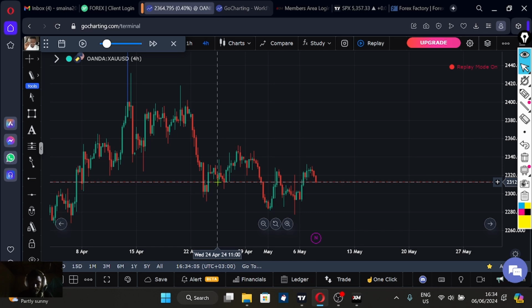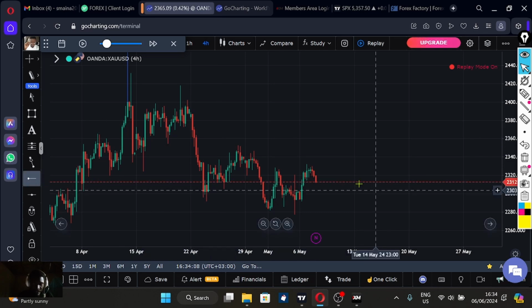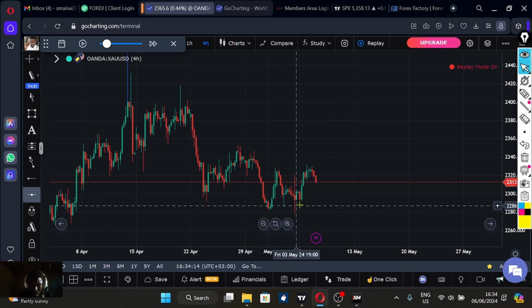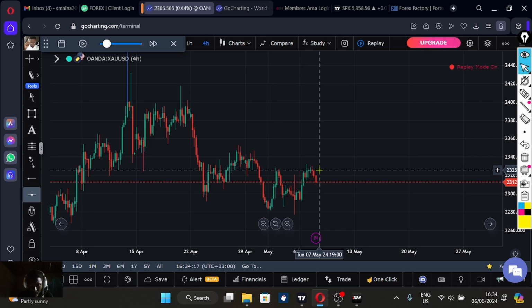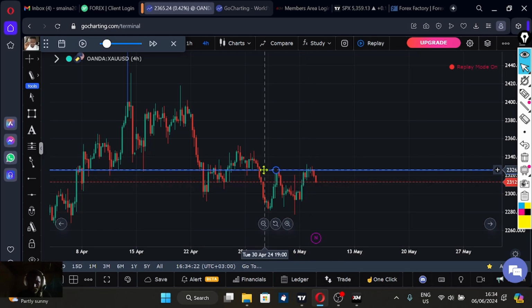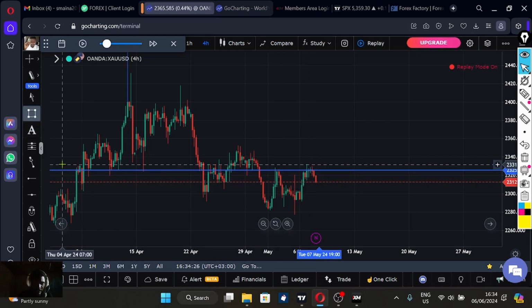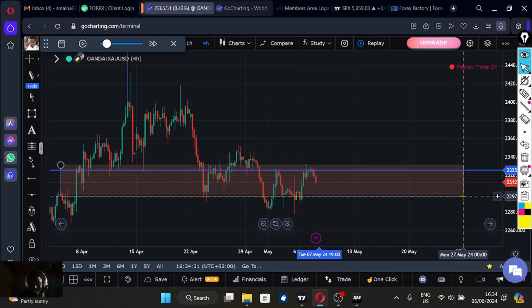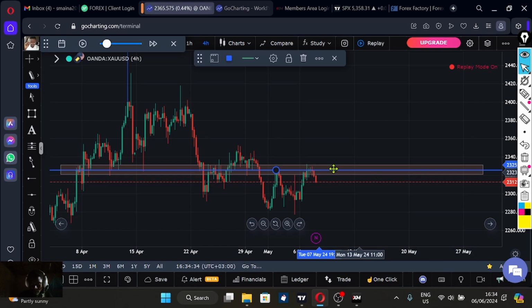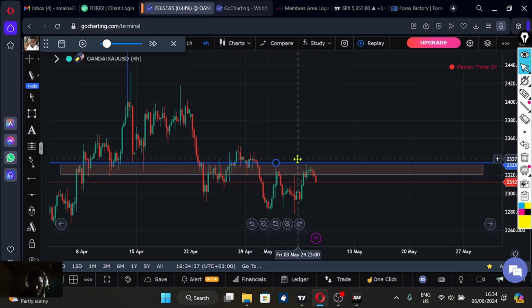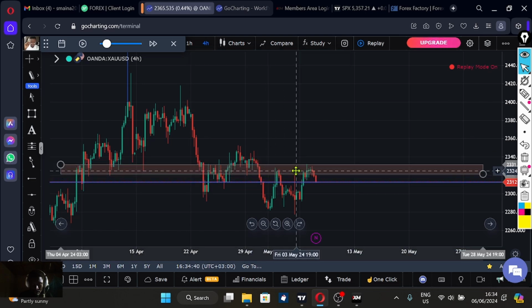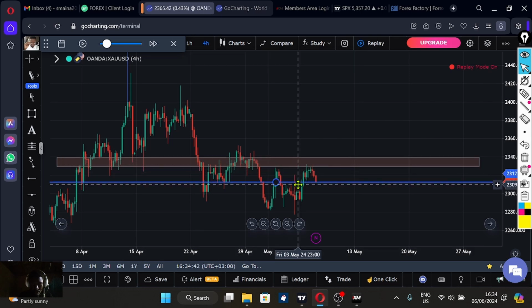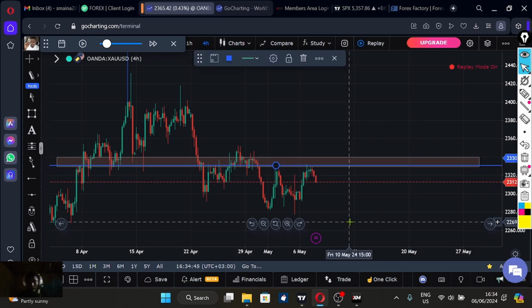Now, let's assume that this is live trading and the market is at this point. The market has tested this zone. Let me draw a zone. The market has tested this zone a couple of times.